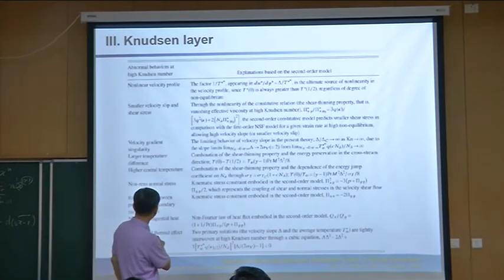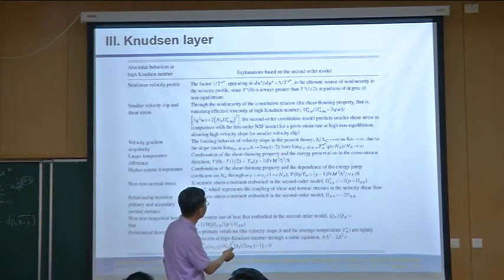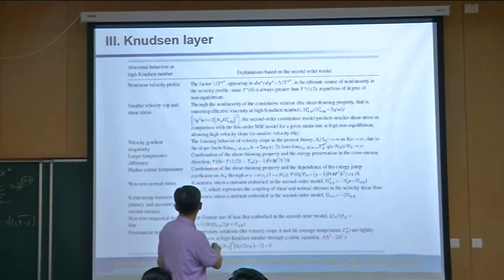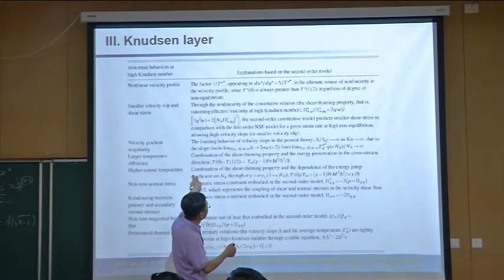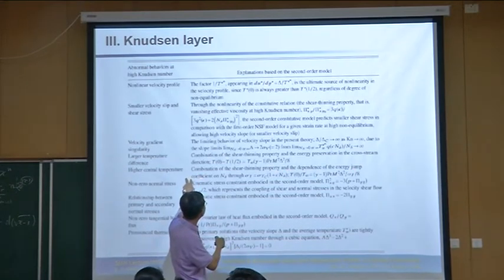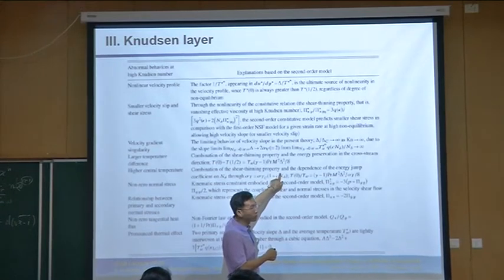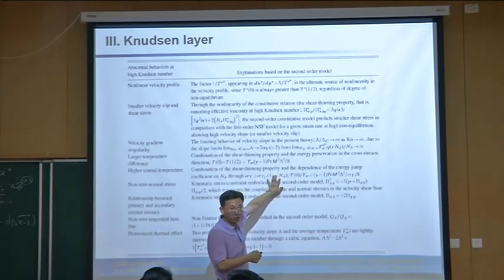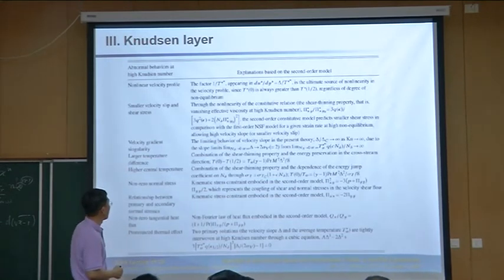So for the large temperature variance, it is a combination of shear thinning property and the dependence of the energy jump coefficient, delta, on the Mach number. So this is critical to describe the higher central temperature.